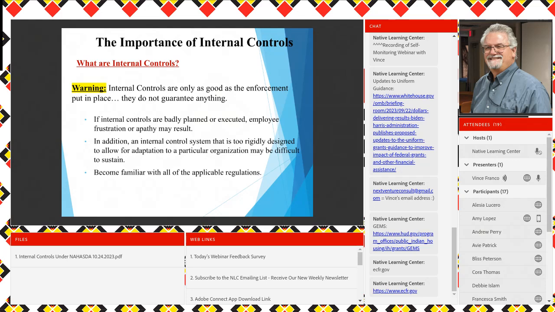Hopefully you don't have to put the compliance director's hat on to use internal controls as leverage to persuade leadership or colleagues or others that for one reason or another hesitate to follow the rules. You hate to put on the compliance director's hat, and as one of my colleagues used to say, drop the hammer. But that's exactly what compliance can do.